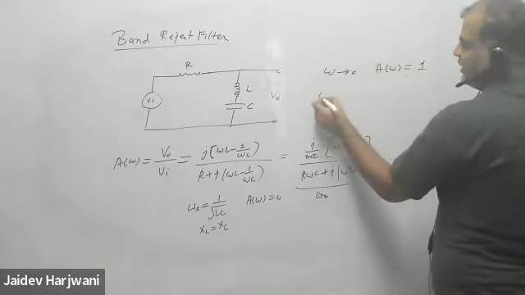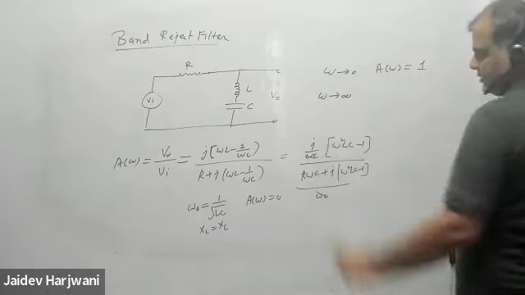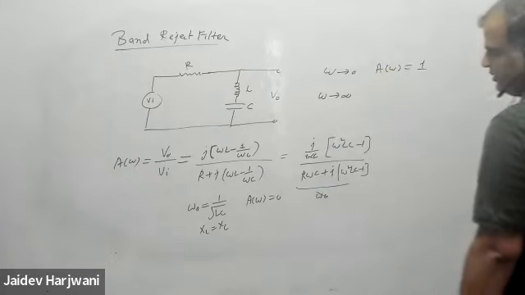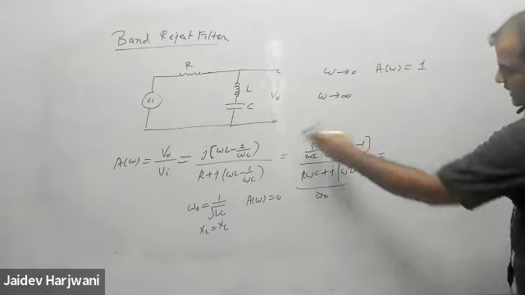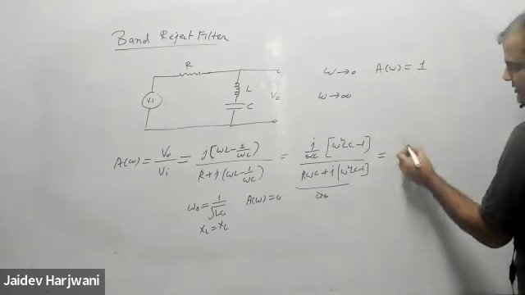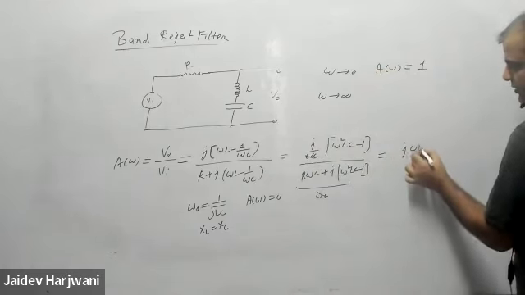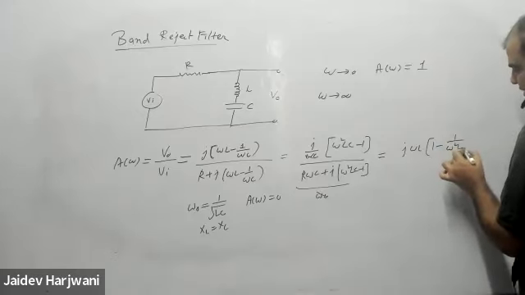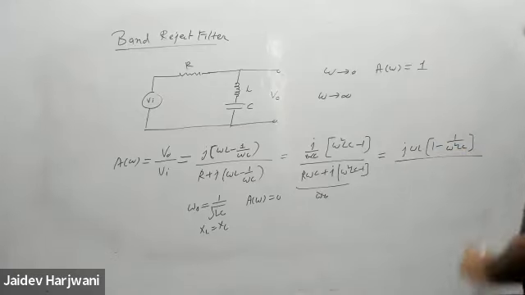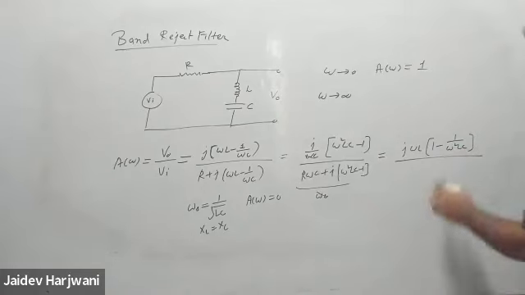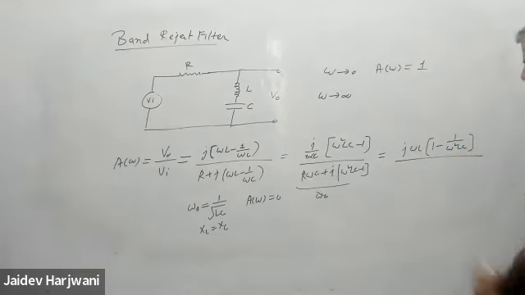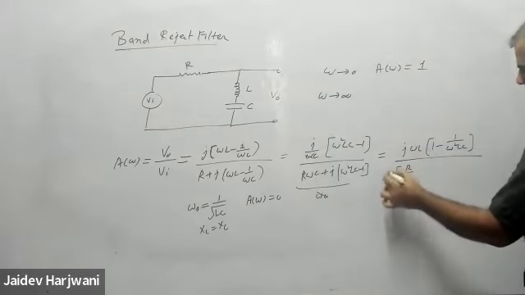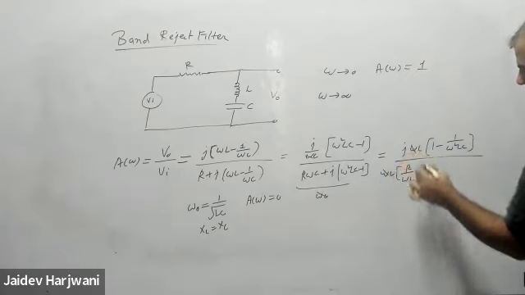Similarly, if I take omega equals infinite, then what will happen? This same expression I can also write like this. I can take omega L common, and then I can write 1 minus omega square LC, omega L common. Similarly, the bottom also has omega L common, so this will be R upon omega L, omega L, omega L will cancel out.